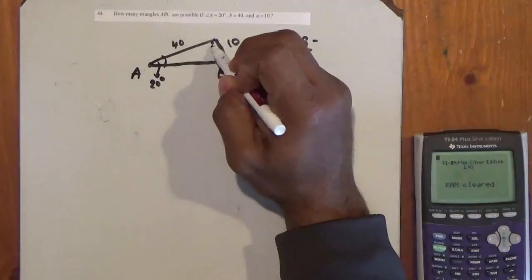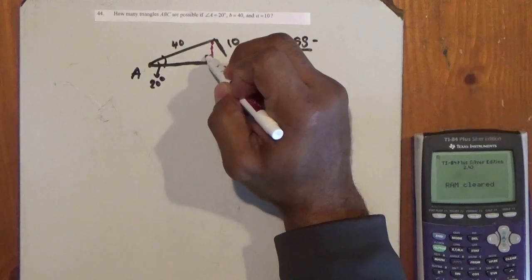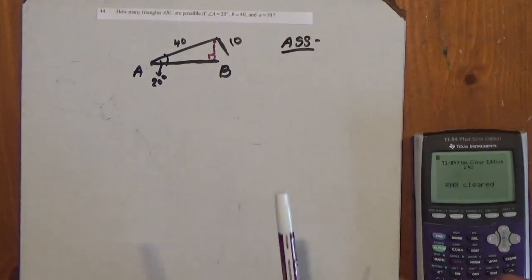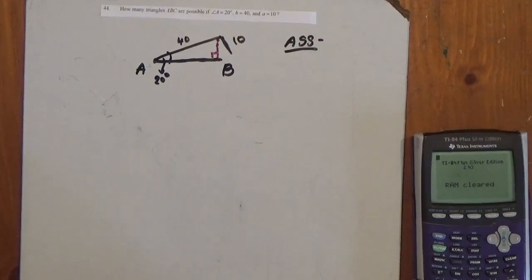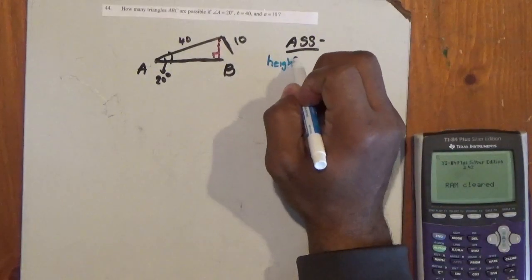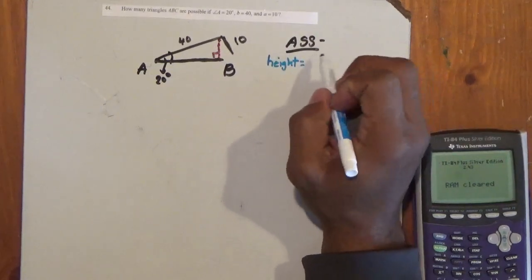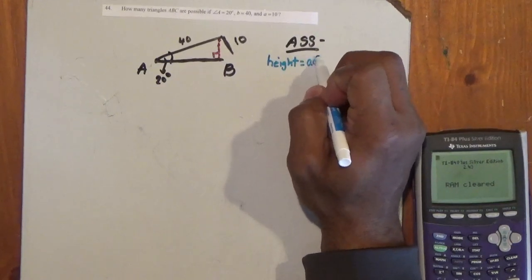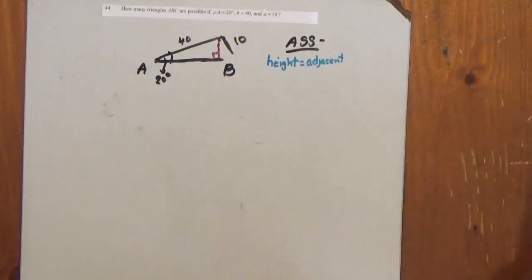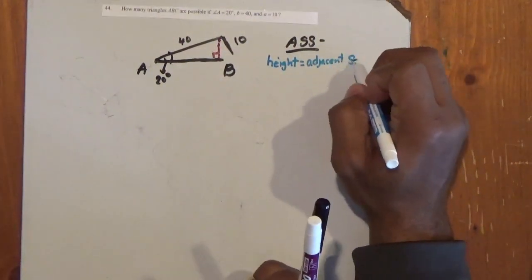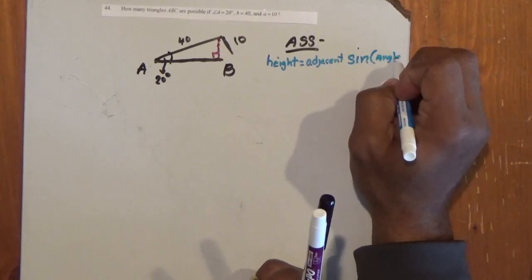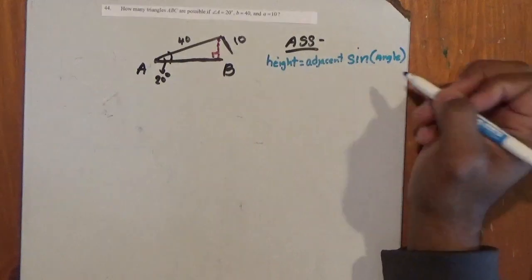In figuring out the height, we say that our height is going to be equal to the adjacent side, which you know, times the sine of the angle. Adjacent side, sine the angle.